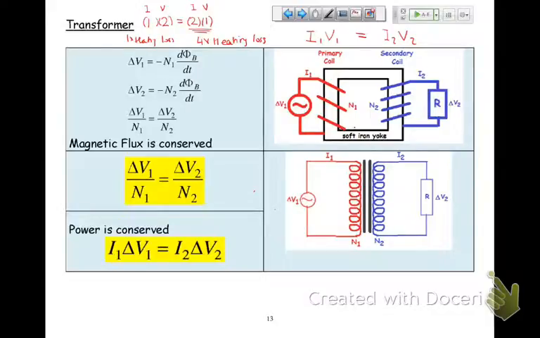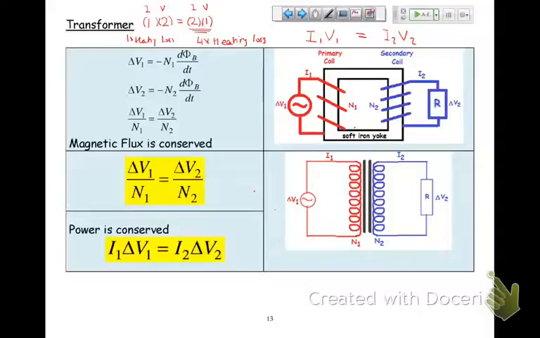So, if I want to transfer energy to you over a long distance, I'm going to jack my voltage up as high as I can get it and send you next to no current. You still get all the energy.